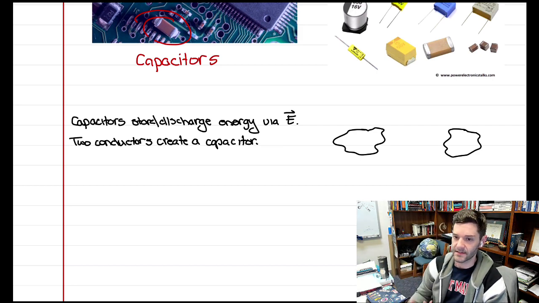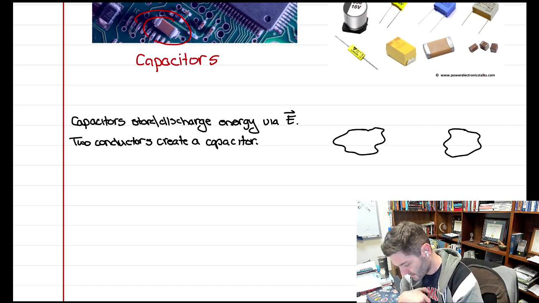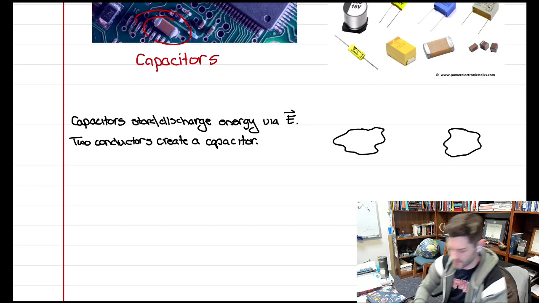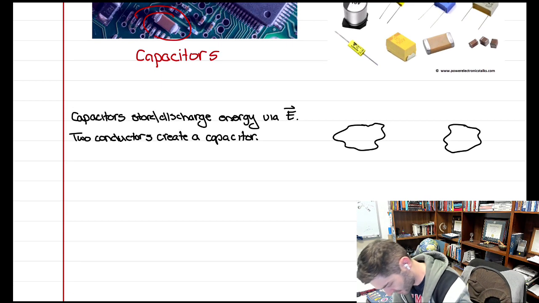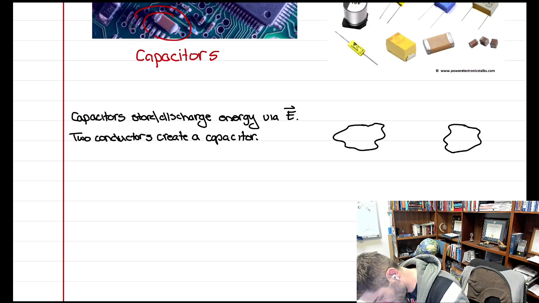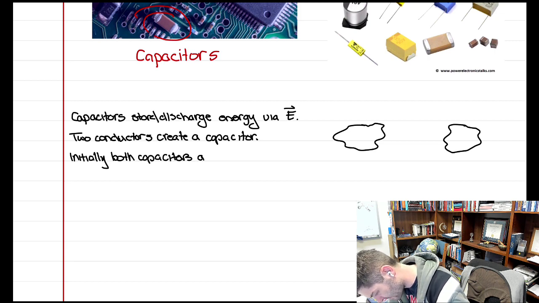So here's the idea. Imagine you have two capacitors that initially have no excess charge. So initially, both capacitors are neutral.